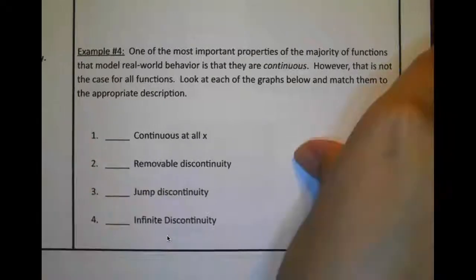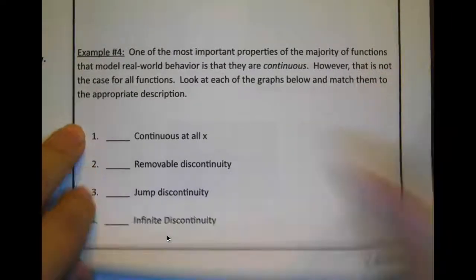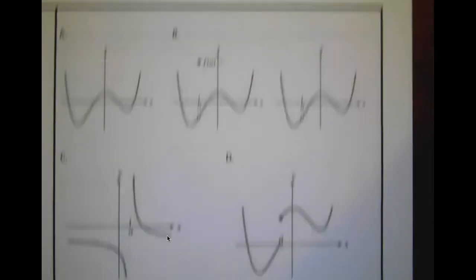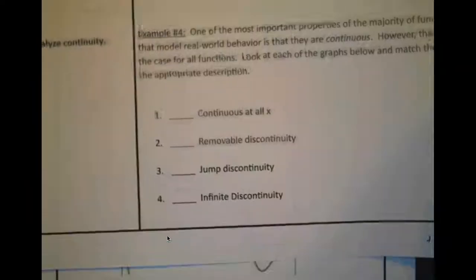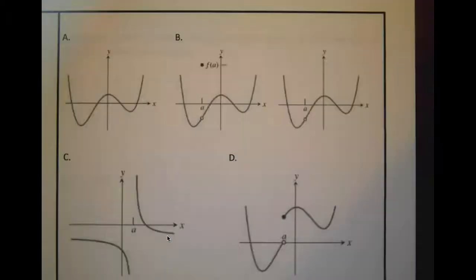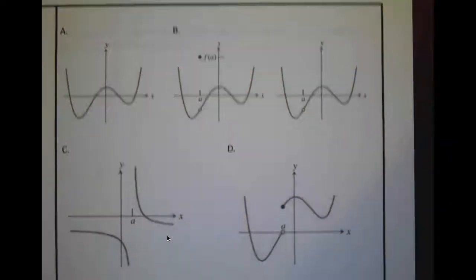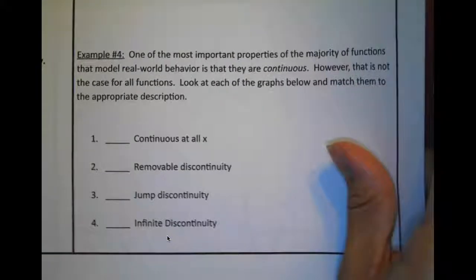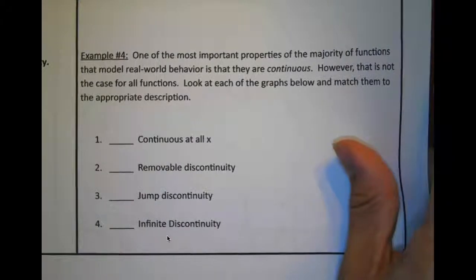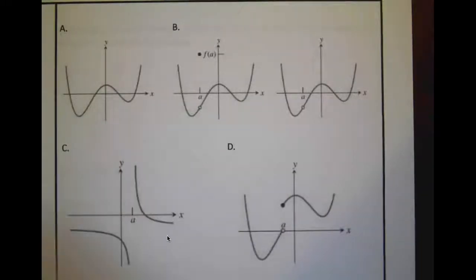So if you look on the subsequent pages, there are some graphs, and the challenge is to figure out which of these graphs match which of these definitions. I'm actually going to let you guys try this one. We will go over the answers in class, but I bet that you guys will be able to figure out most of these just from the descriptions given.